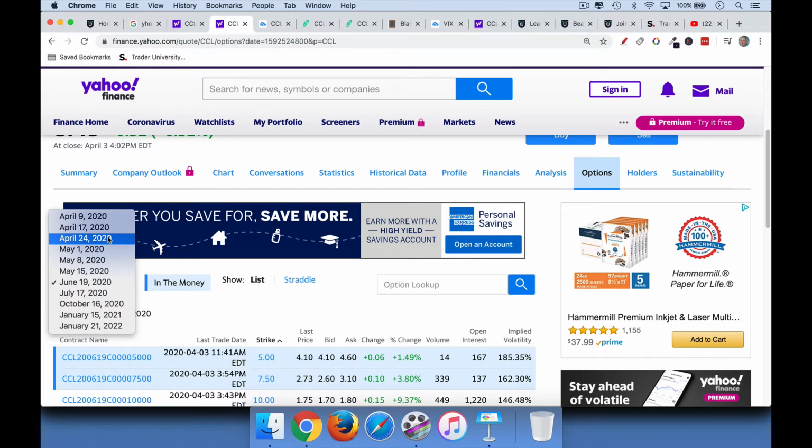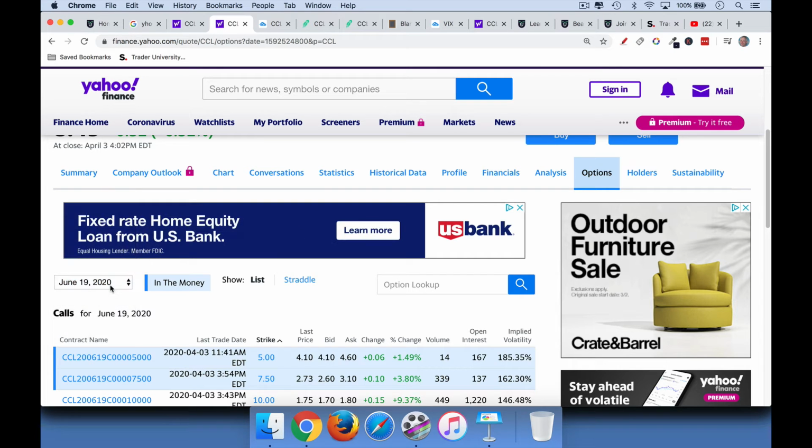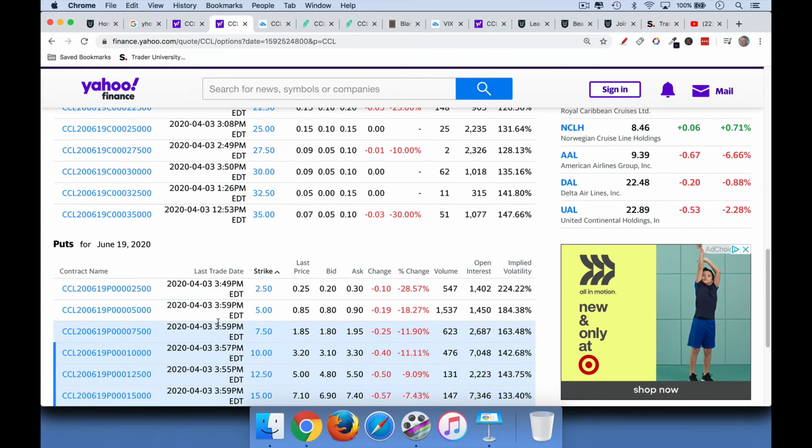In general, I like to give myself a little more breathing room, so I'll go anywhere from 45 to 60 days out. In this case, I'm going a little bit more than 60 days simply because of how the expirations work. So I'm going to hit June 19th, and then you'll see that calls are listed at the top here. We're going to scroll down to the put section. These are puts on Carnival Cruise that expire on June 19th.